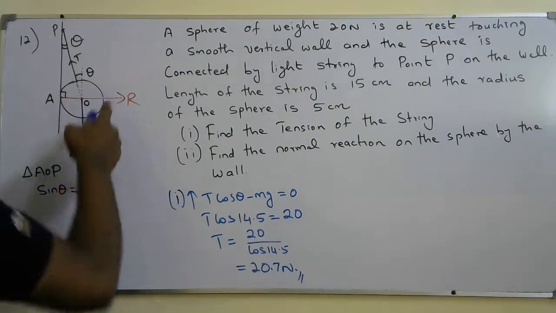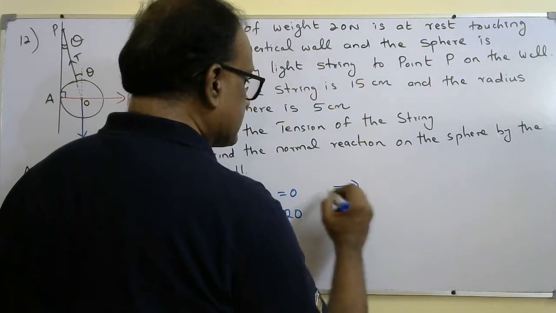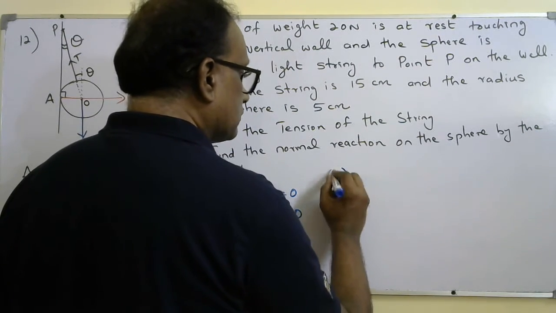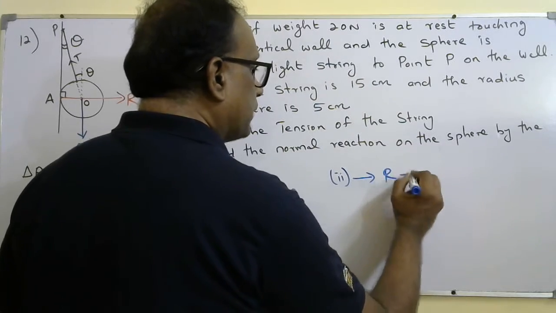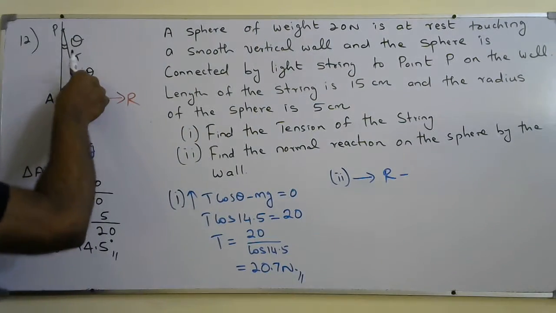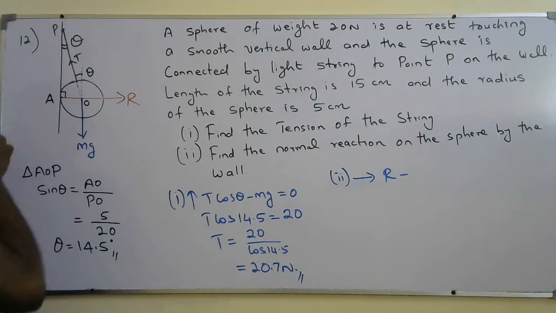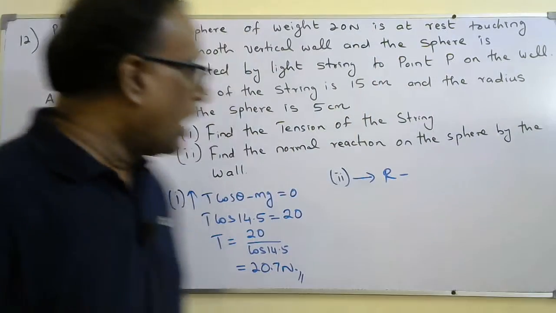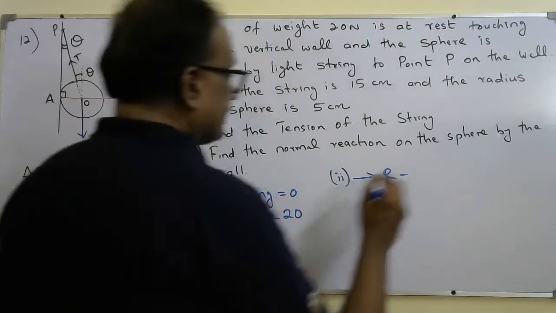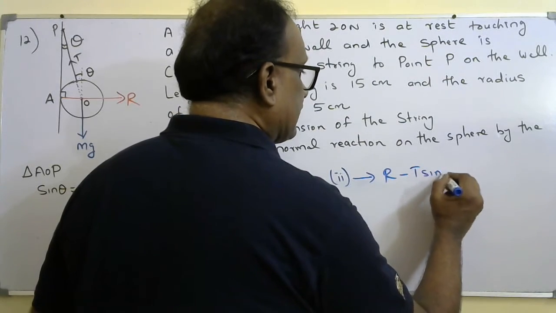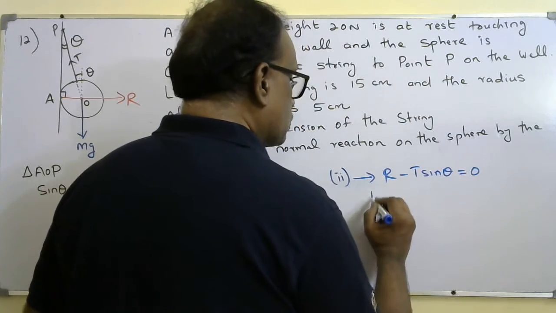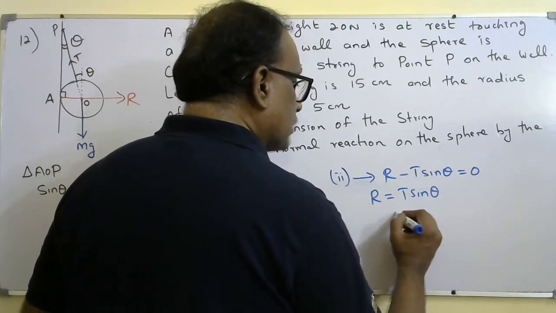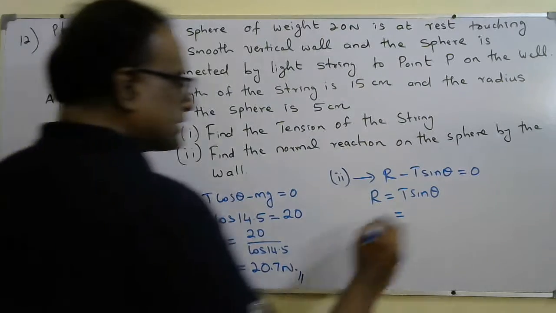To find the normal reaction, resolve horizontally, the second part. R minus T sine theta. Mg won't have any horizontal component because mg is vertically downwards. So R minus T sine theta equals 0, so R equals T sine theta. I know T, I found it here, 20.7.